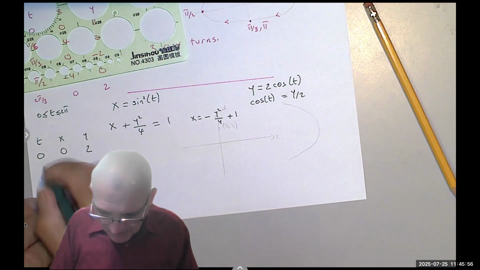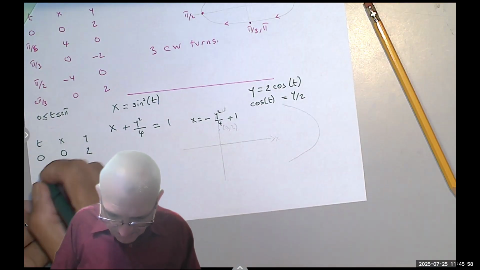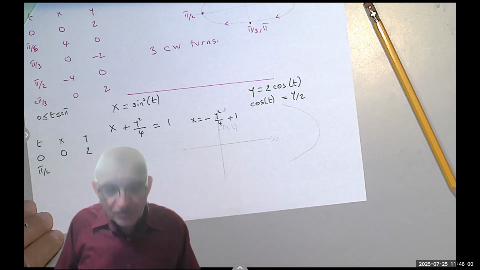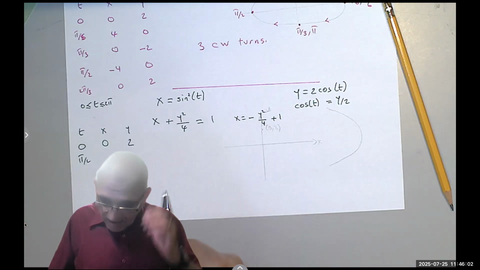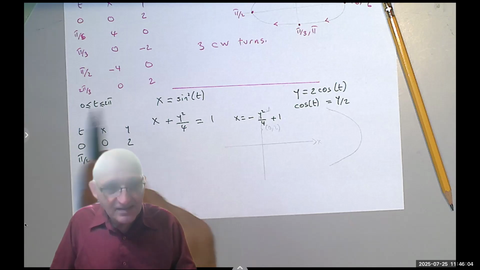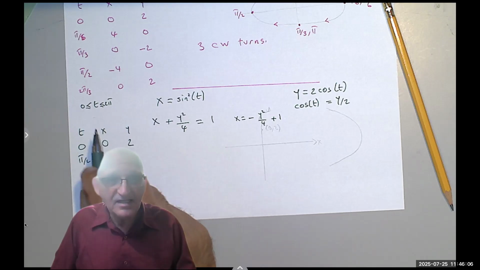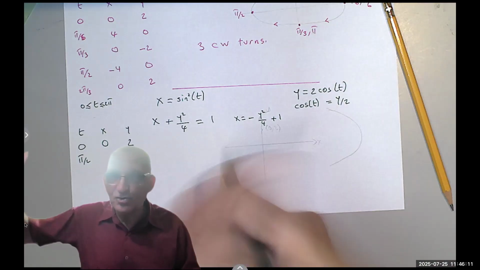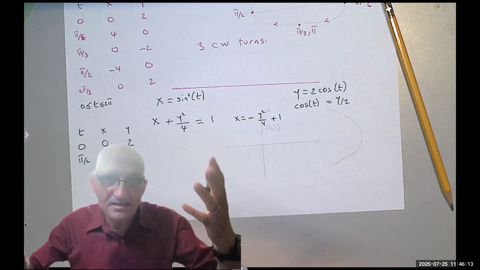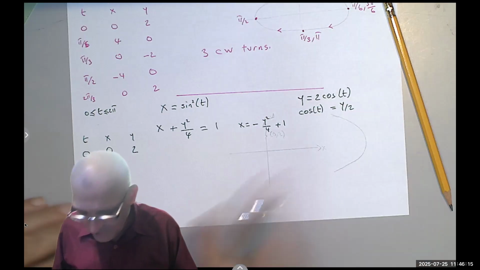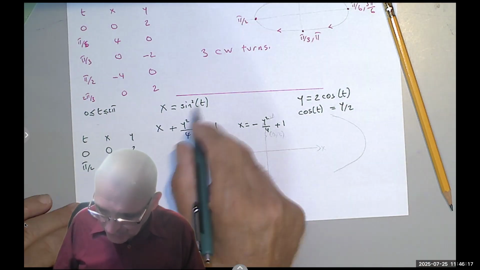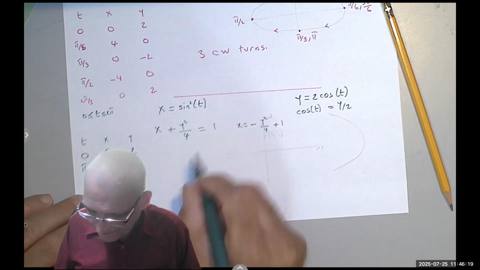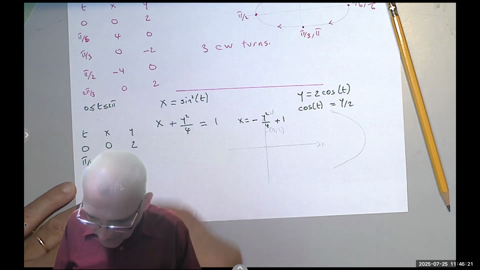Now, how about when you make that pi over 2? Notice they told me 0 to 2 pi, but another problem may tell you negative pi to pi or negative pi to 2 pi. It doesn't matter. They can give you whatever they want you to plot. So at pi over 2, x is 1 and y is 0.